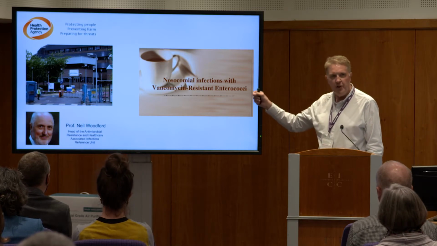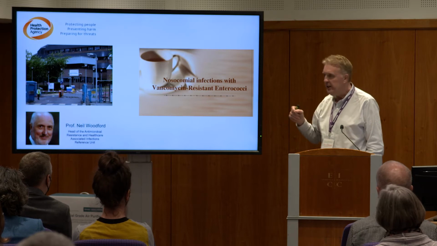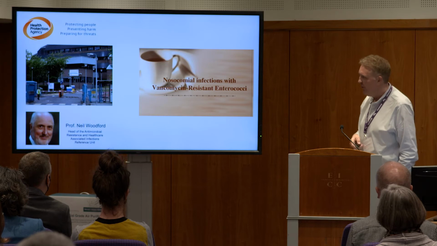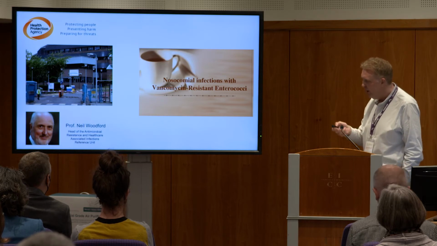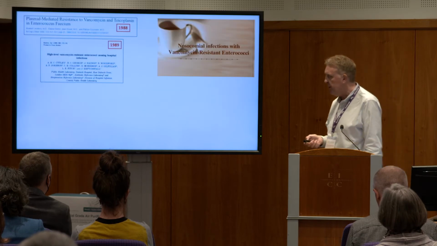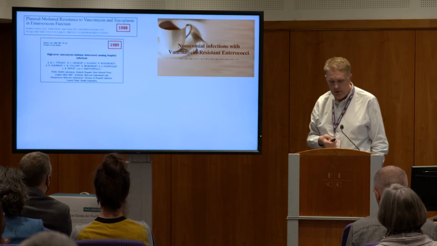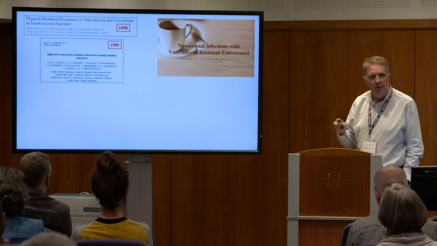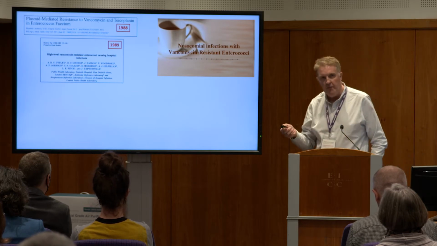In the 1950s, vancomycin was released for use. It wasn't until 1988 that the first vancomycin resistant enterococci was found. It was found in Neil's lab, I worked with Neil. There was also a French lab that found it at the same time. And so there we have the first VRE. Where did it come from?